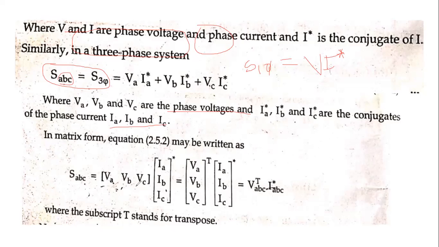This equation can be written as SABC equal to the matrix VA, VB, VC times the conjugate of the matrix IA, IB, IC. By transposing the voltage matrix, we obtain VA, VB, VC transpose into IA, IB, IC conjugate.